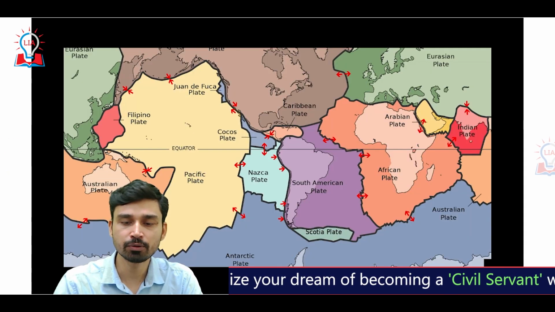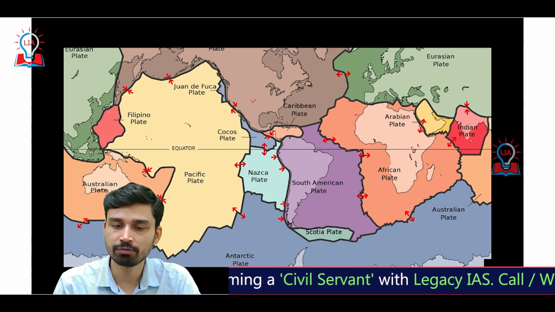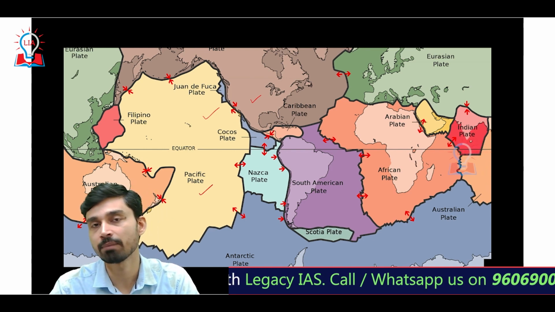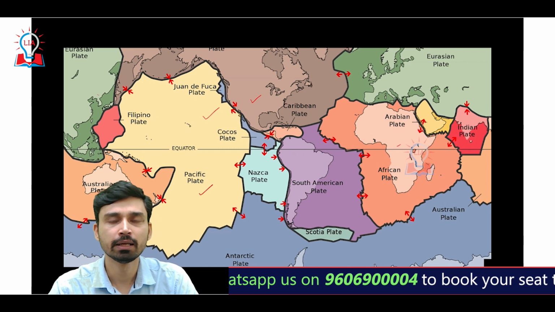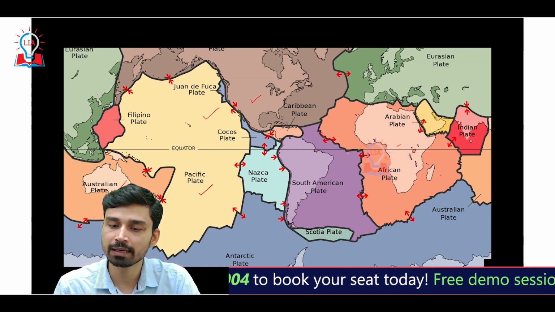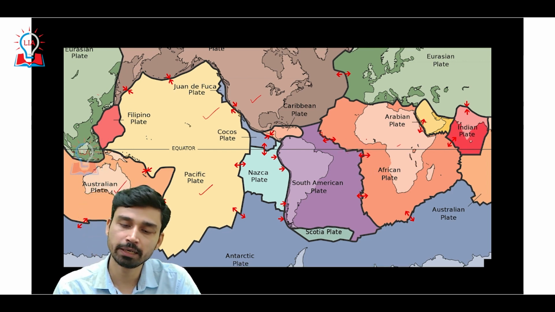As we can see from this map, we have different types of plates. For example, the Pacific plate is an example of an oceanic plate. We have the Australian plate, Eurasian plate, Arabian plate, and the bold black lines you are seeing here demarcate the boundary zones between different plates.